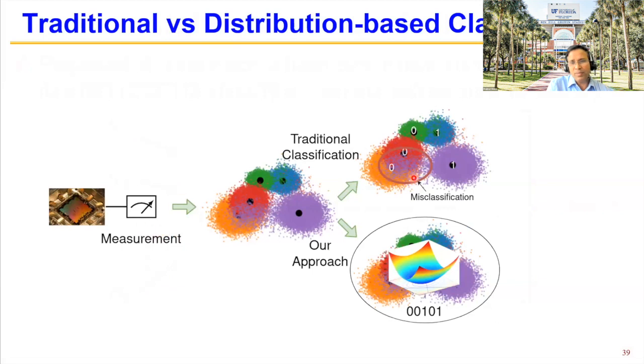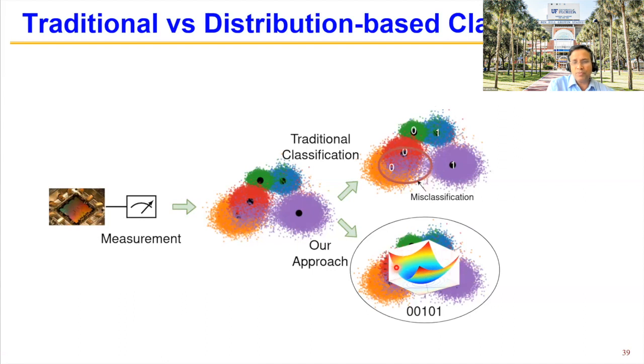And if I want to give a layman's illustration, in a traditional classification, you have all this stuff, and then you try to figure out, well, this one I think is 0, this one I think is 0, this is 0, this qubit is 1. So my total is 0, 0, 0, 1, 1. And there is a significant chance of misclassification when there is a significant overlap.